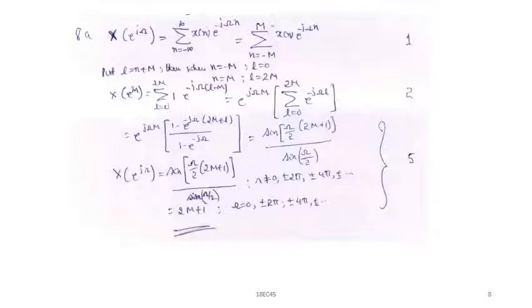Instead of minus infinity to plus infinity, write minus M to plus M, with x of n equal to 1. Change the limit from minus M to plus M to 0 to 2M, so we consider L is equal to n plus M. Putting the limits, we get L equal to 0 and L equal to 2M. We get e to the power j omega M, summation of L from 0 to 2M of e to the power minus j omega L.